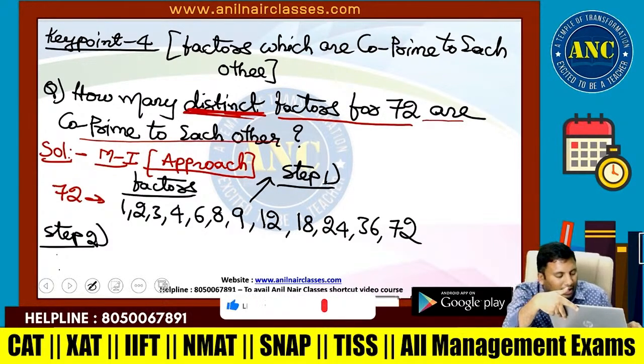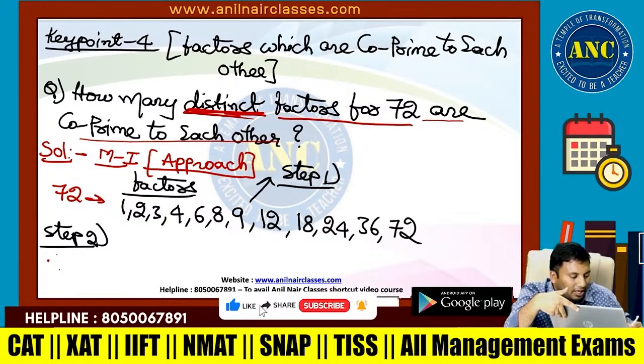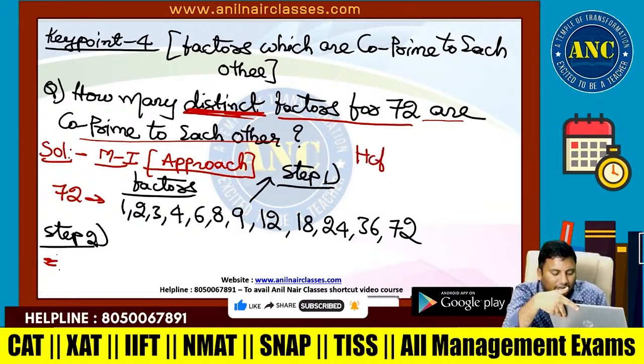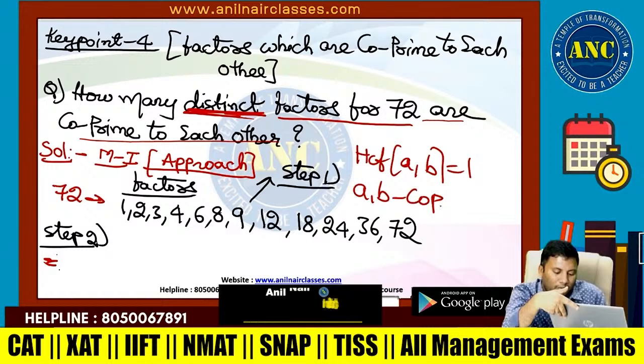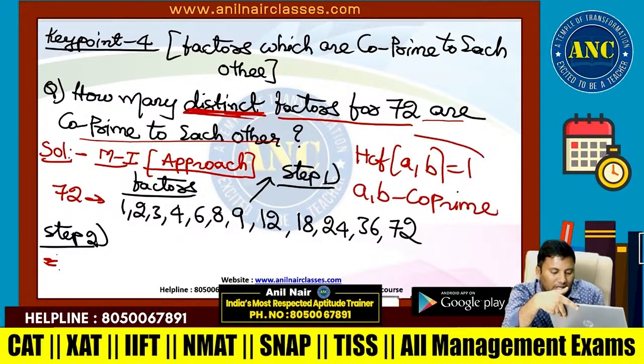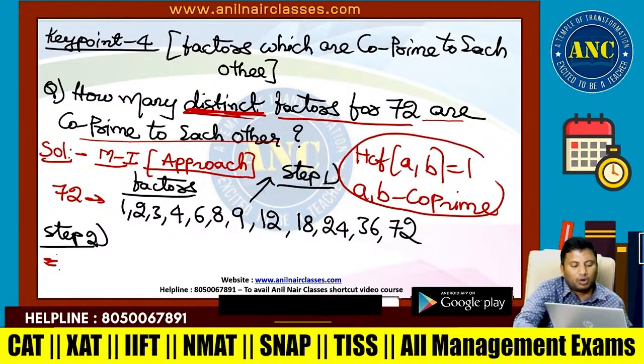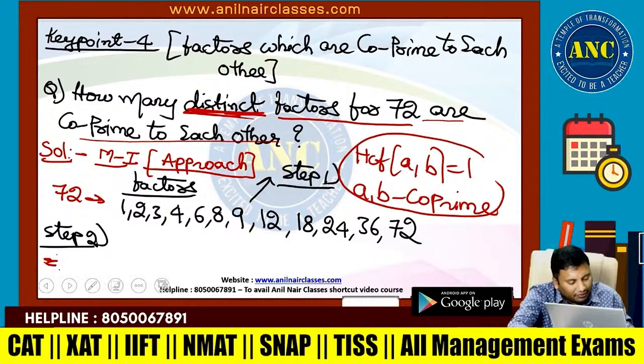What do you mean by co-prime? Two numbers A and B are said to be co-prime if their HCF is 1.